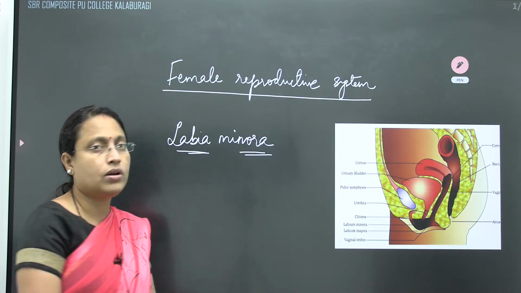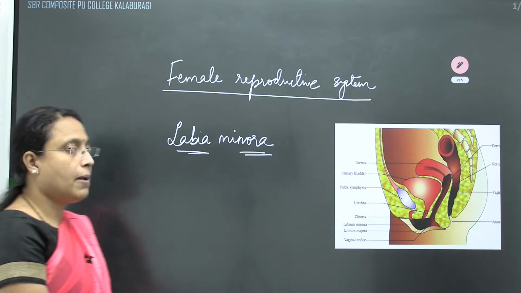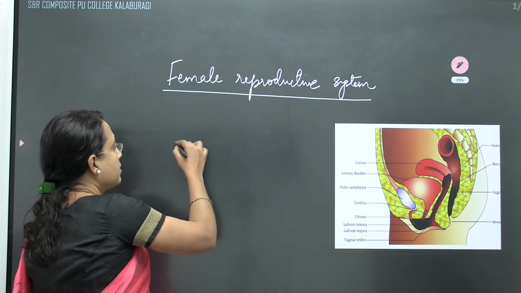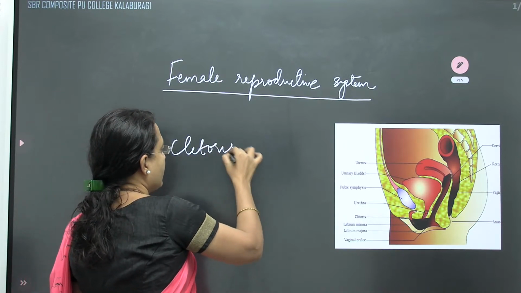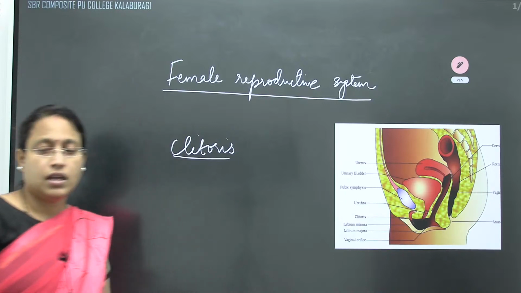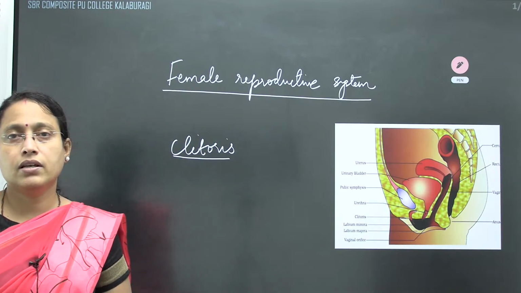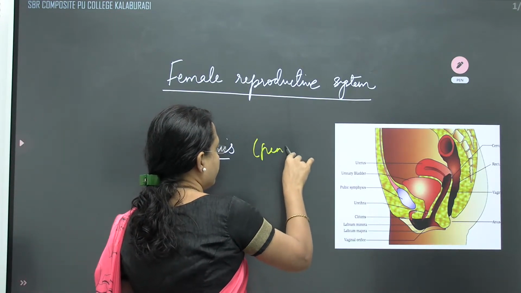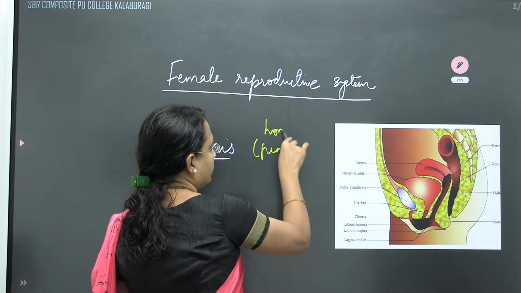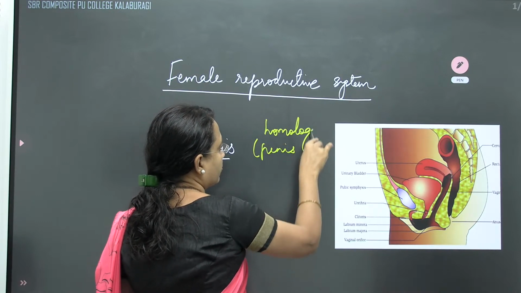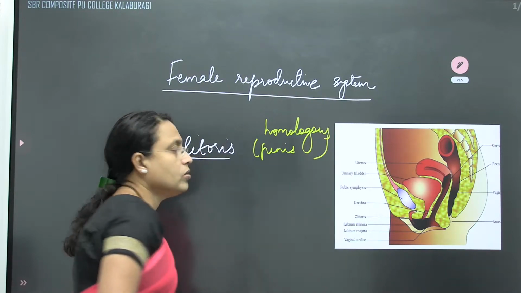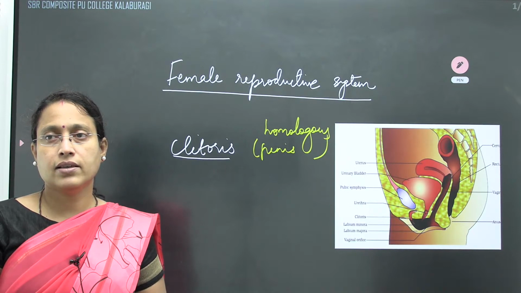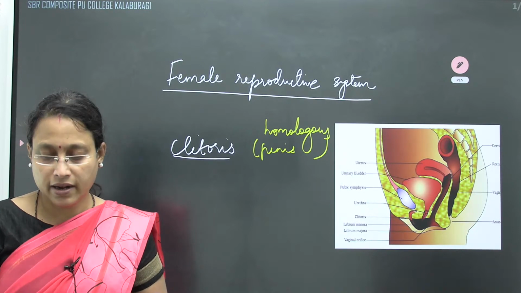So labia minora anteriorly have a structure, and that is called the clitoris. The clitoris is homologous to the penis in male. Now there are some similarities with the penis, and also some differences.